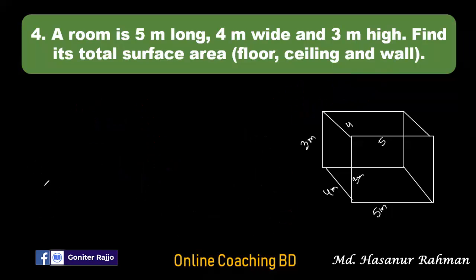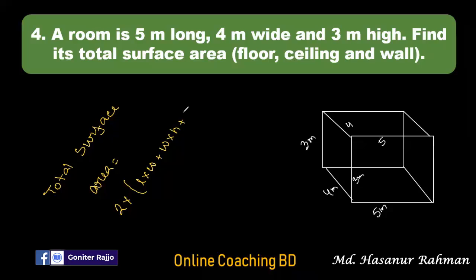You can solve this problem in another way by using the formula of total surface area. And that is 2 multiplied by length into width plus width into height plus height into length. So that is 2 multiplied by length is 5 multiplied by 4 plus width is 4 multiplied by 3 plus height is 3, so 3 multiplied by 5.